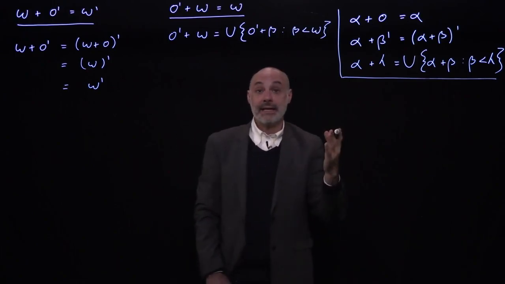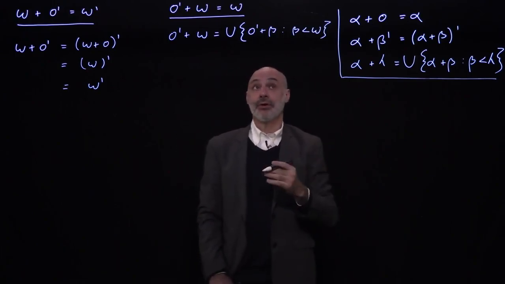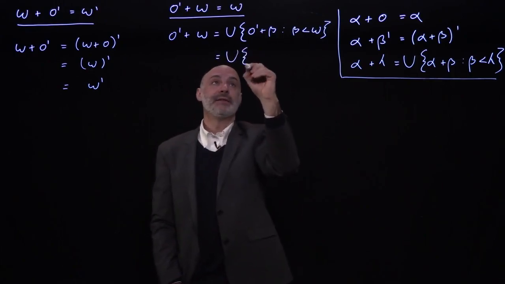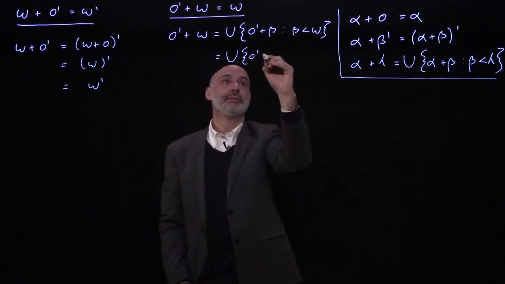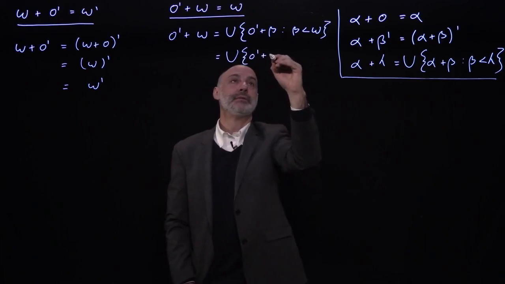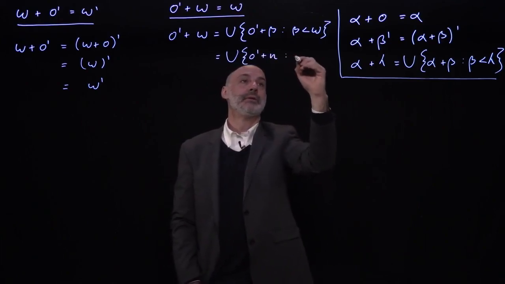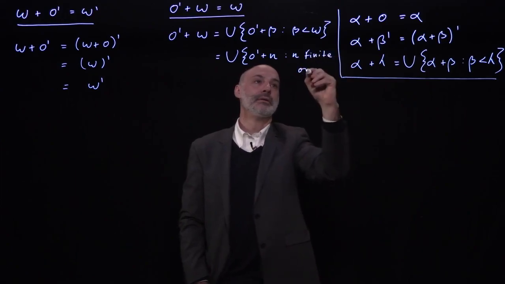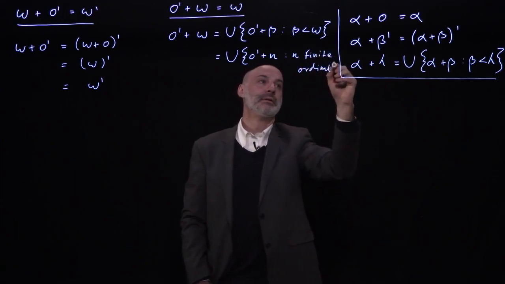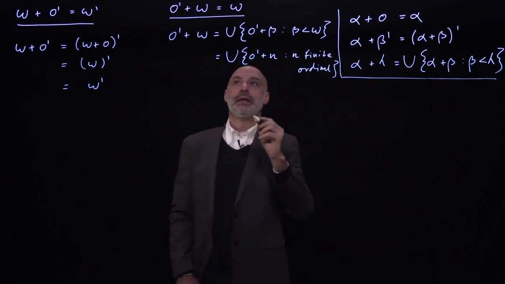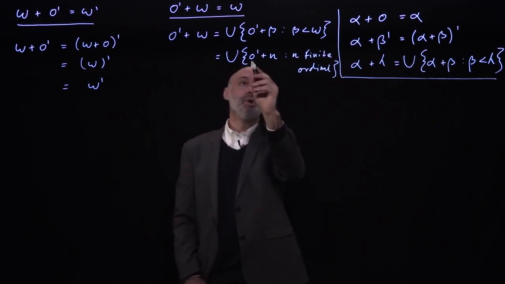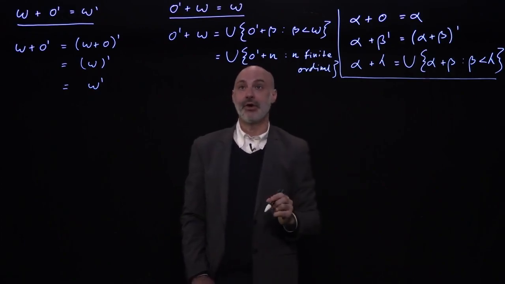But omega is just the set of finite ordinals. So that's the same as the union of the set of ordinals 1 plus n for n a finite ordinal.